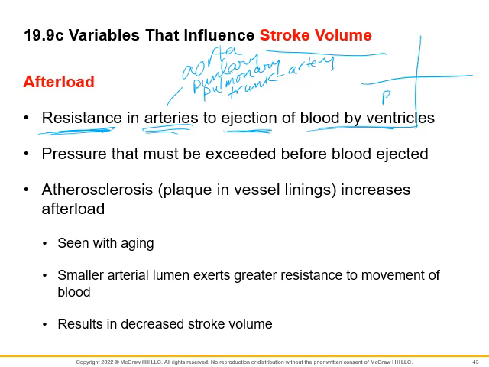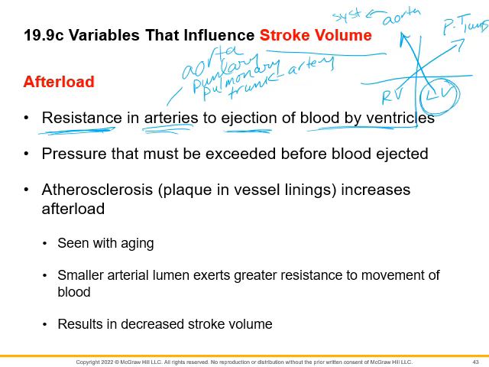So again, we've got our right ventricle and our left ventricle. The right ventricle is going to the pulmonary trunk, and that's going to the lungs. The left ventricle is going to the aorta, which is then going to your systemic circulation.